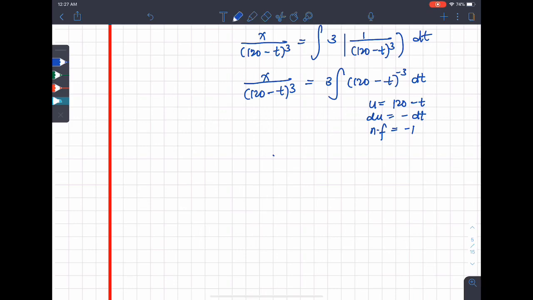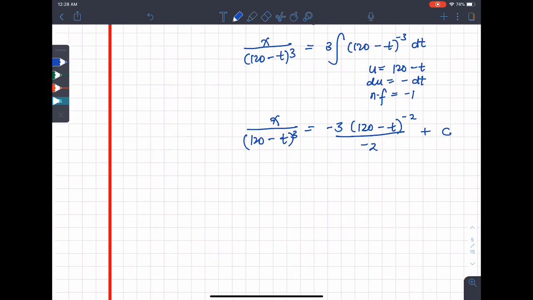So we have a neutralizing factor of negative 1, so I'll have a negative 3 there, and then (120 minus t) raised to negative 3. Using the power formula, I'll have (120 minus t), negative 3 plus 1 would be negative 2, divided by negative 2, plus c.